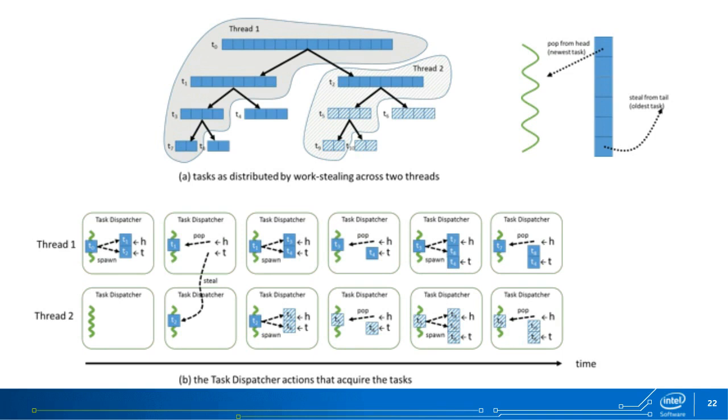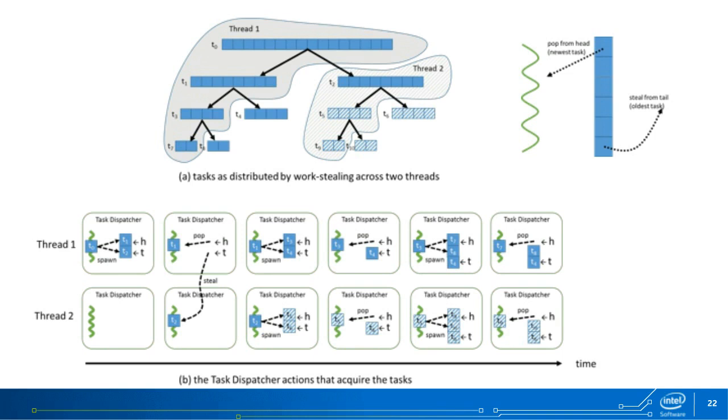So here now we can see how we get this really good distribution of work between these two threads. Thread 1 initially had task 0. It splits it into 2 pieces, and it puts it into its local queue. Thread 2 has nothing to do, so it decides it has to steal something. So in our second time step here, thread 1 has popped something off the head of its queue, and thread 2 steals something from thread 1.